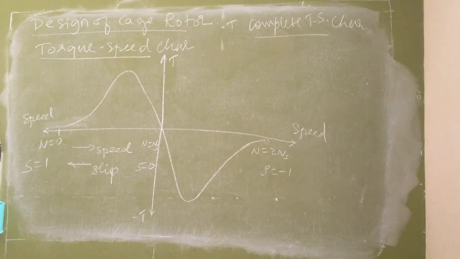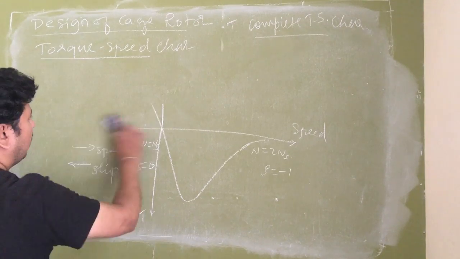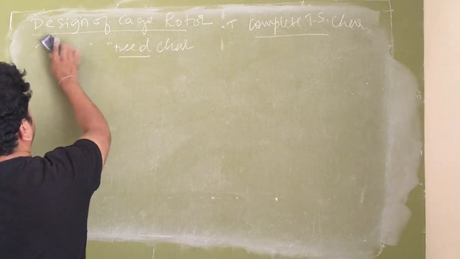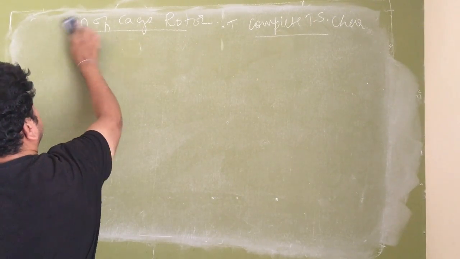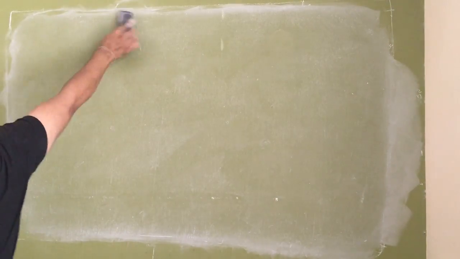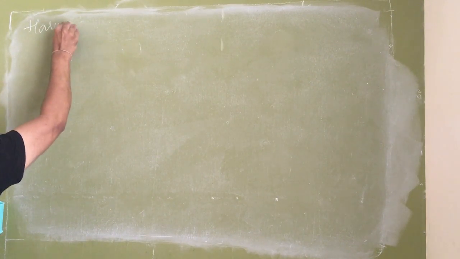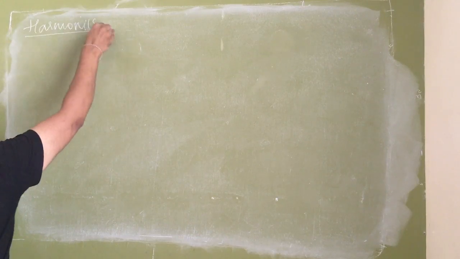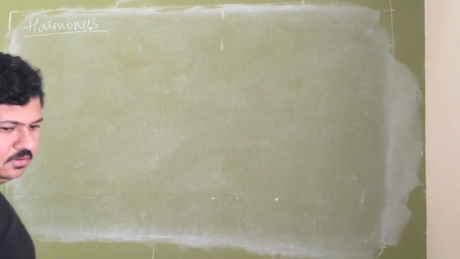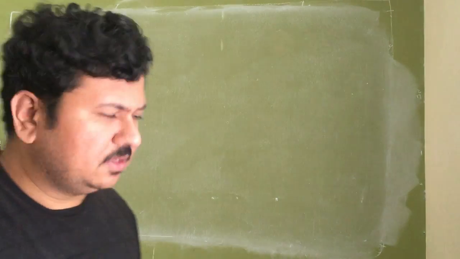Now let us see what harmonics are and what they are doing in the induction motor. This part is not in the notes, this speed torque characteristic and the harmonic content.